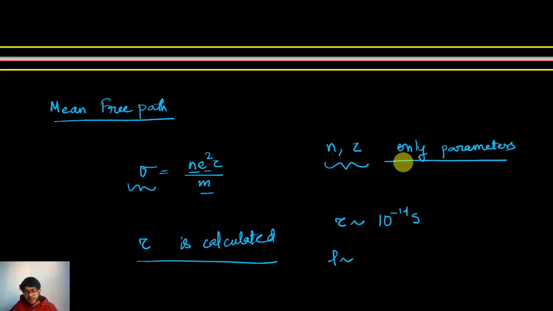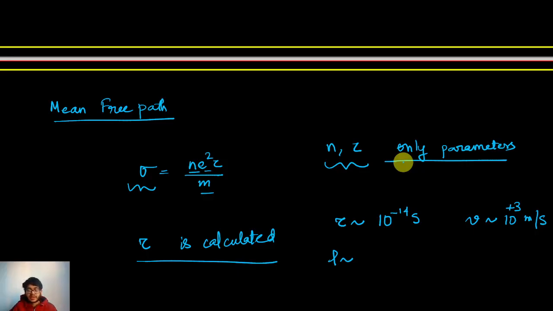So the mean free path depends on the velocity, which is predicted by the thermal velocity or the drift velocity. If we actually take all of this into account, I think that's wrong. I think it's 10 to the power plus 3.